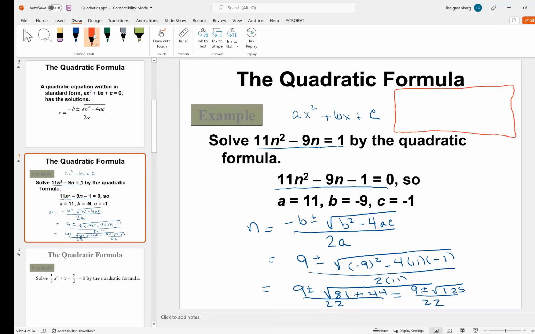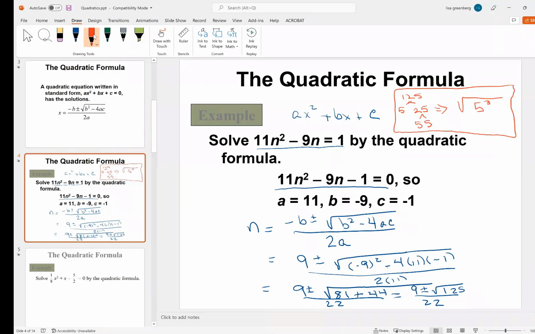Really what we want to know is, if we take 125, then we really have to factor it. That's the easiest way if you don't know what to do. So I know that 125 is divisible by 5, right? Because it ends in 5. So I can say this is 5 times 25. And 25 we can see is 5 times 5. What I'm really looking at is the square root of 5 to the 3rd power.